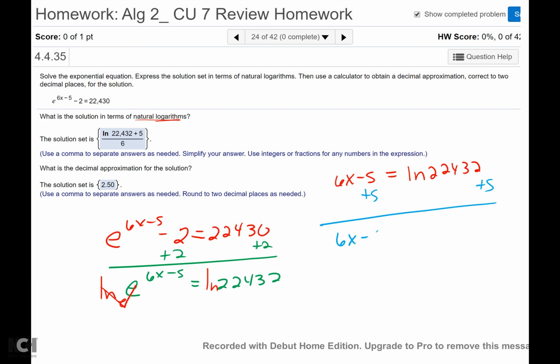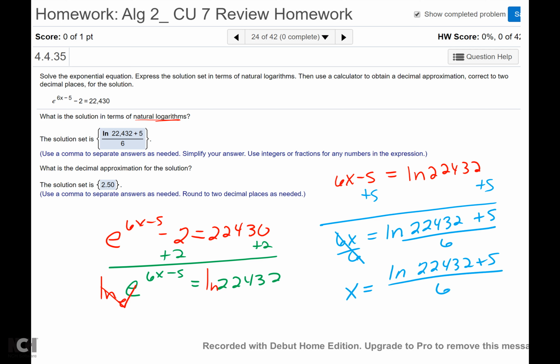So I get 6x equals, you can't add a whole number to a natural log until you figure out the natural log, so I just write plus 5 and then divide by 6. So in terms of natural logs, my answer is the natural log of 22,432 plus 5 over 6. That's where they get this.